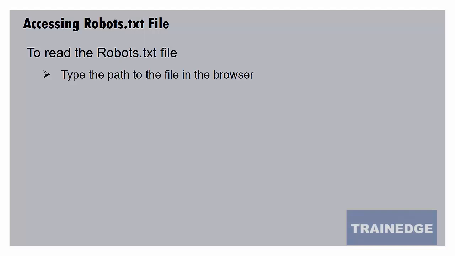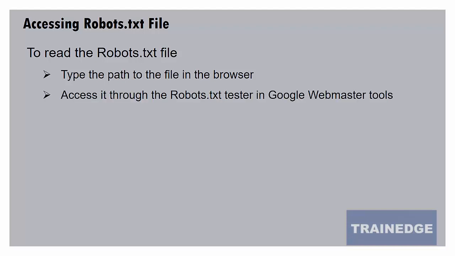To edit the robots.txt file, you need to first access it. So you can either type the path to the file in the browser and your file will be opened by the browser because it is a text file. It will display the content of the robots file. You can also access the robots.txt file through the tester built into Google Webmaster Tool.